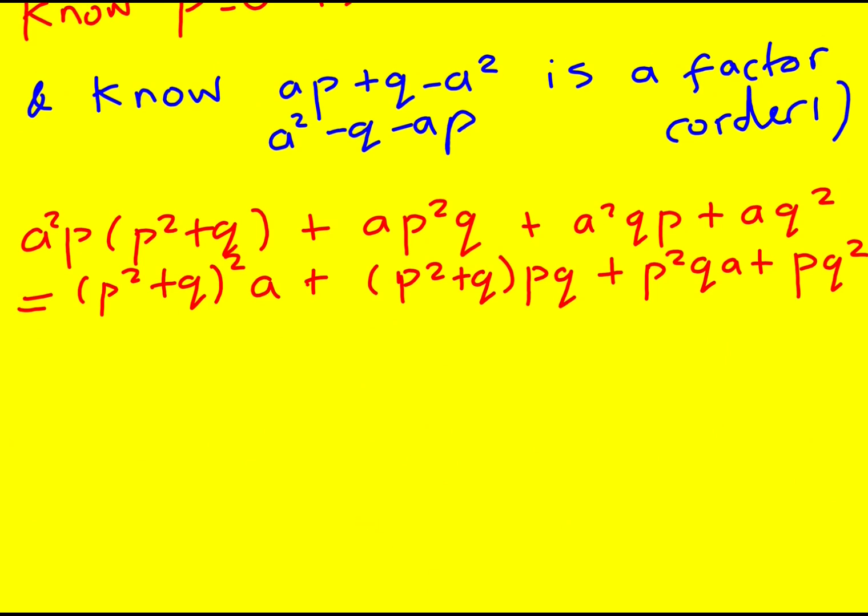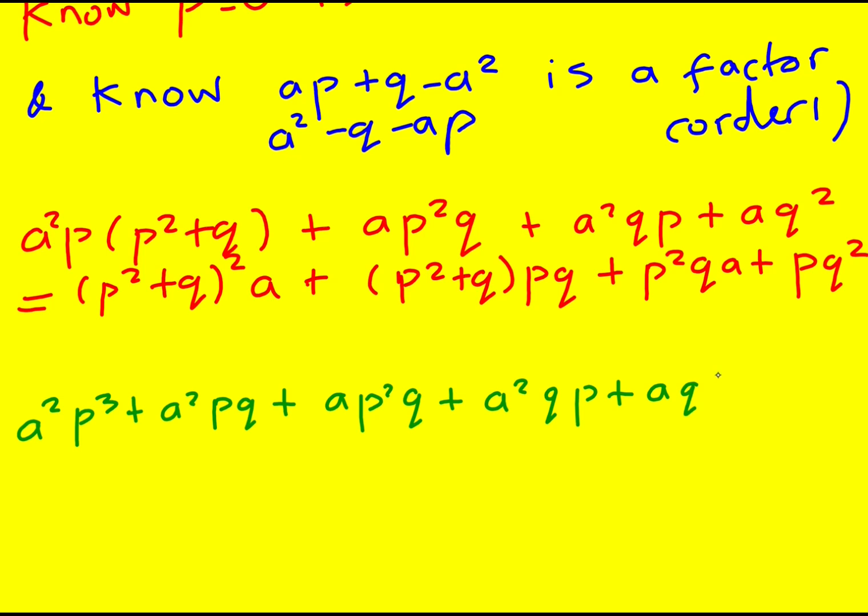Okay, all right, let's expand again. Right, double bracket here. So P to the 4 plus Q squared plus 2 P squared Q. All of that's multiplied by A. That's what we're going to get.